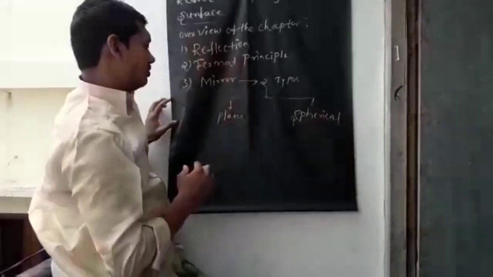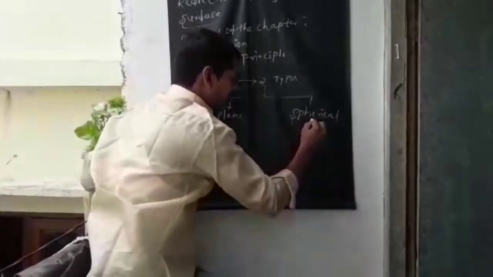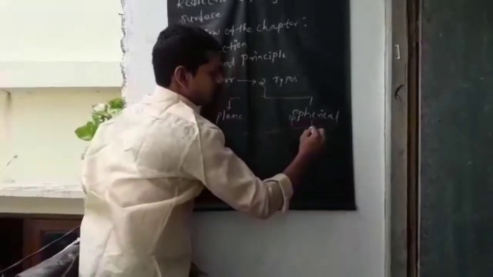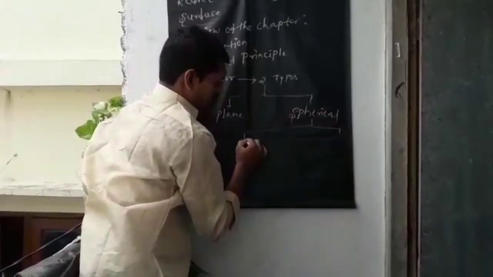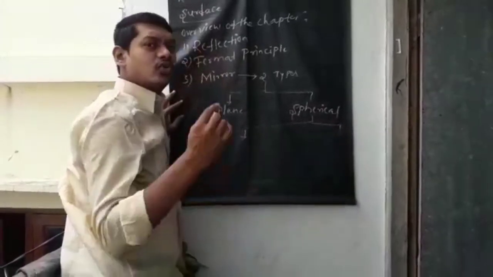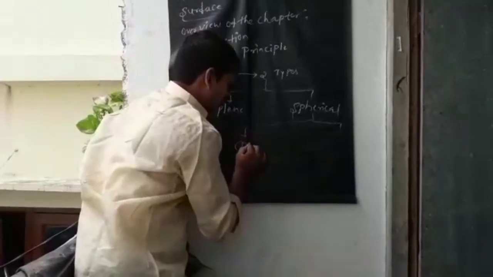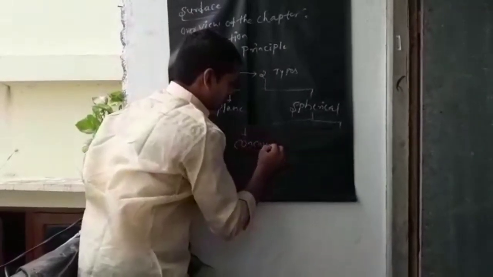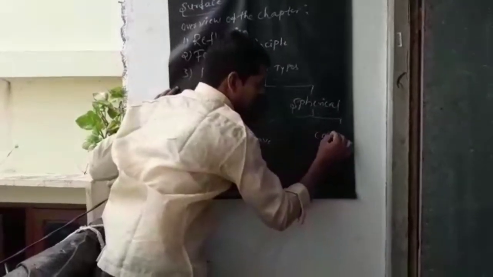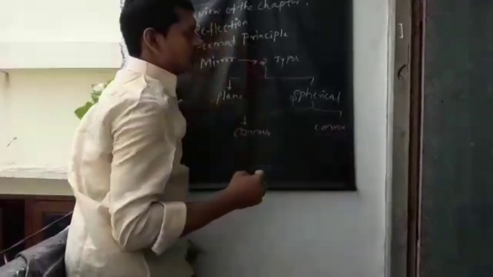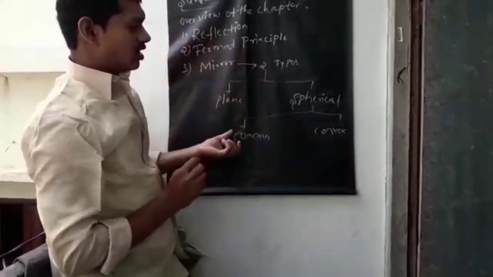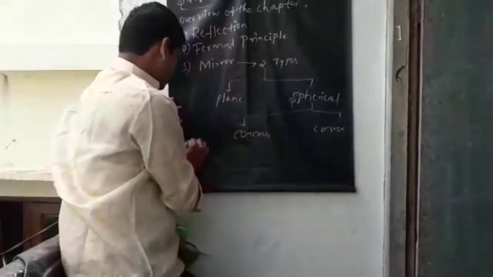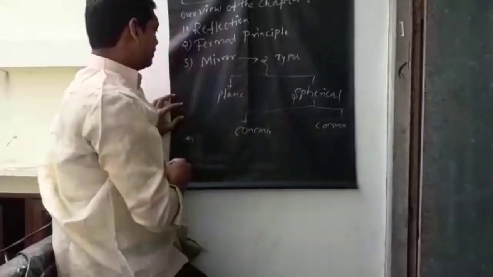Again, spherical mirror is divided into two types: one is a concave mirror and one is a convex mirror. We'll discuss the details later.